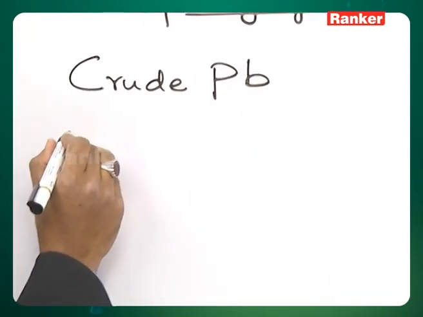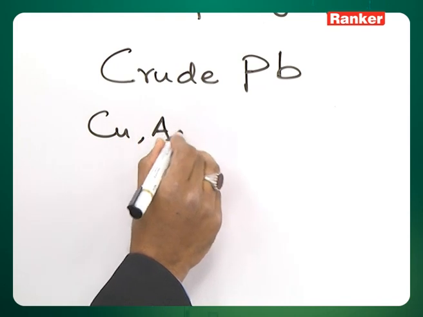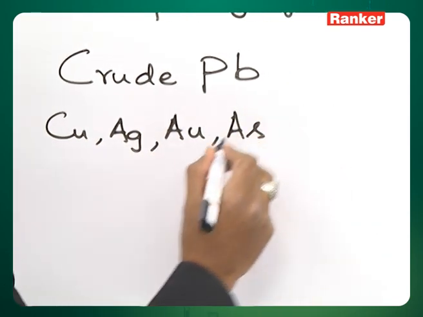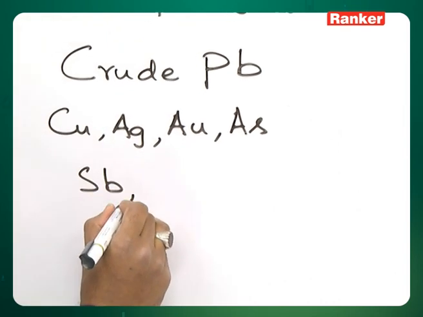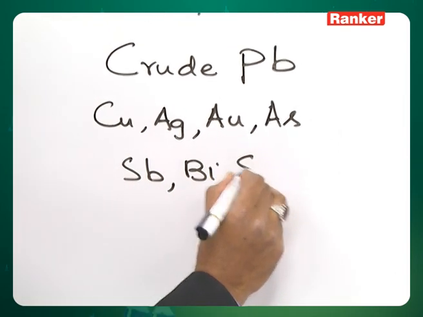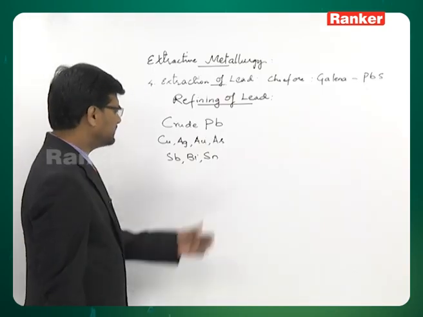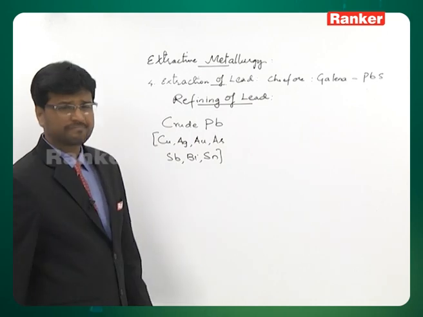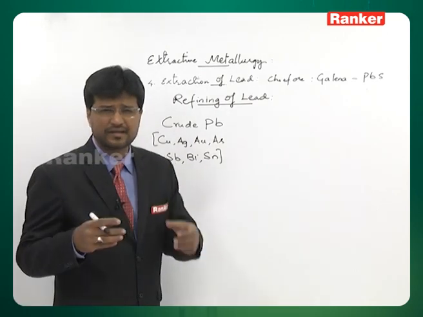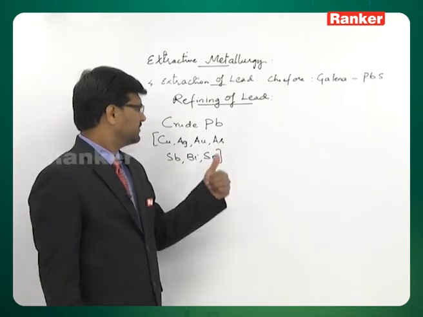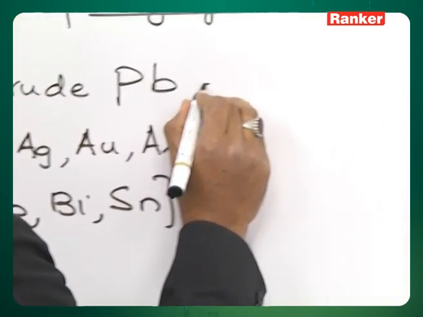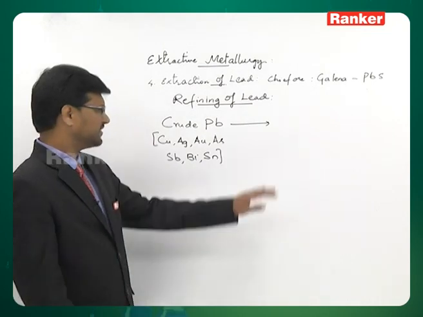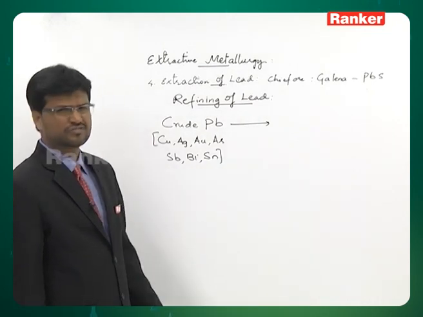The impurities are copper, silver, gold, arsenic, antimony, bismuth, tin. These are the impurities associated with lead. All these impurities will make the lead very hard. So, when you remove these impurities, lead becomes soft.